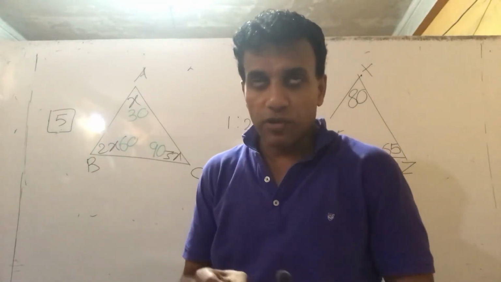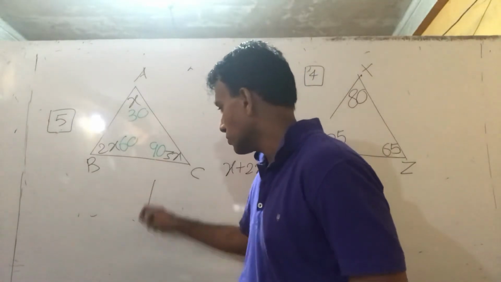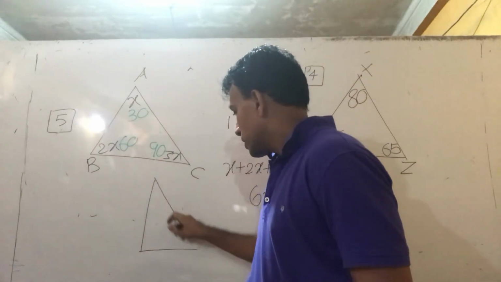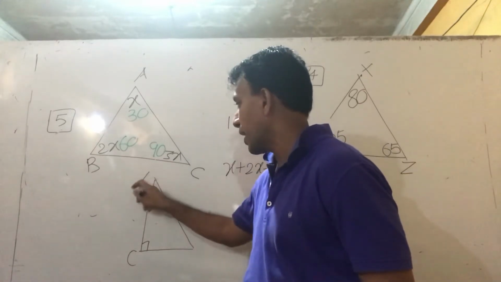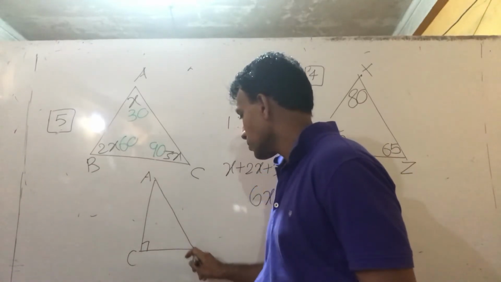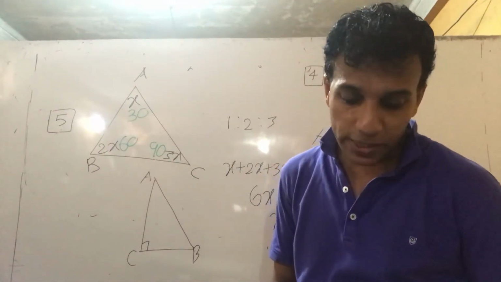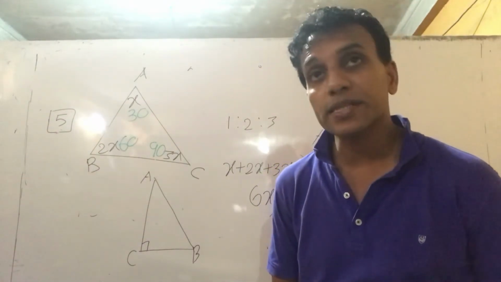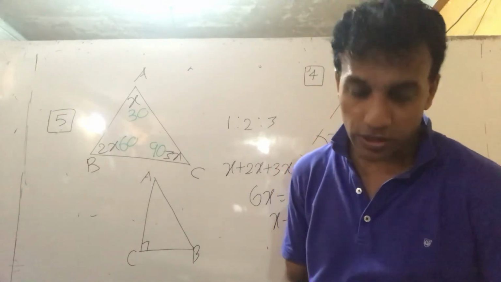Therefore now if I show the proper figure shape, how is the right angle triangle? C is 90 degrees. That's the answer. What type of triangle is this? Right angle triangle, right? That's question 5.